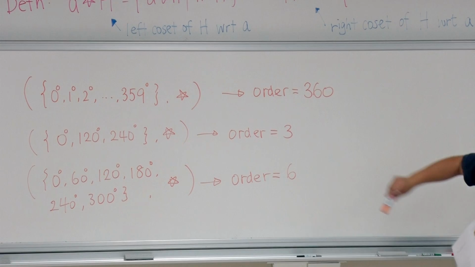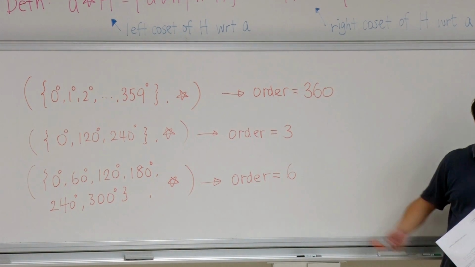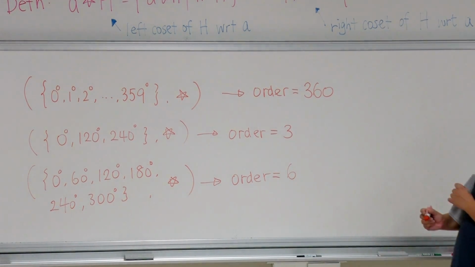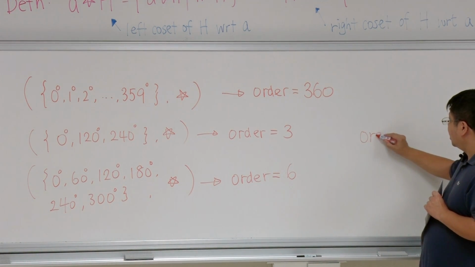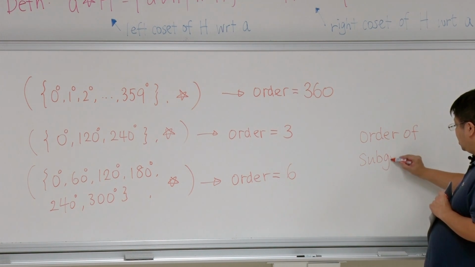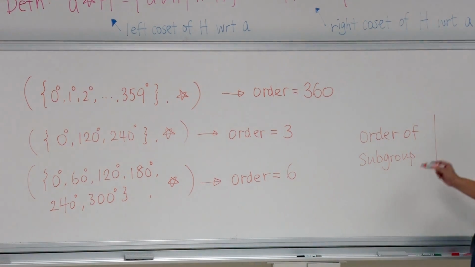So what's special about the order? You can have order of 4, like 0, 90, 180, 270. You can have order of 180: 0, 2, 4, 6, and so on, up to 358. So it seems that we have this observation: the order of a subgroup always divides the order of the original group.